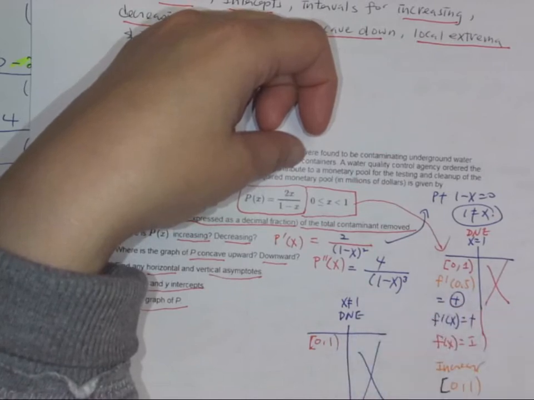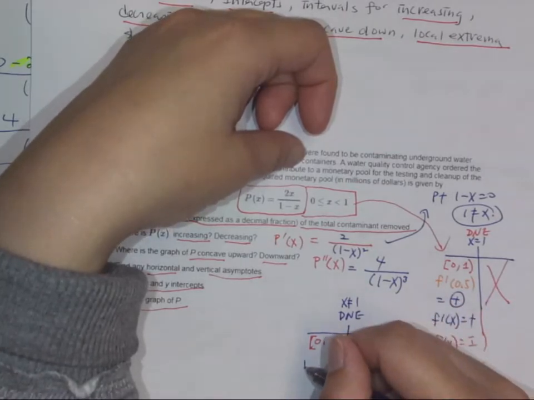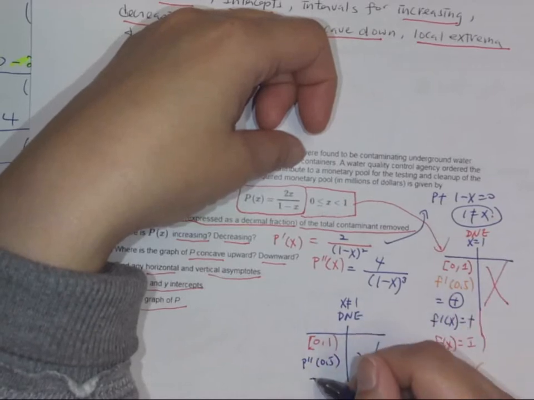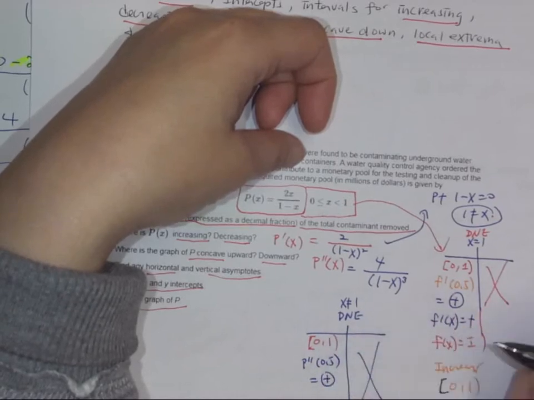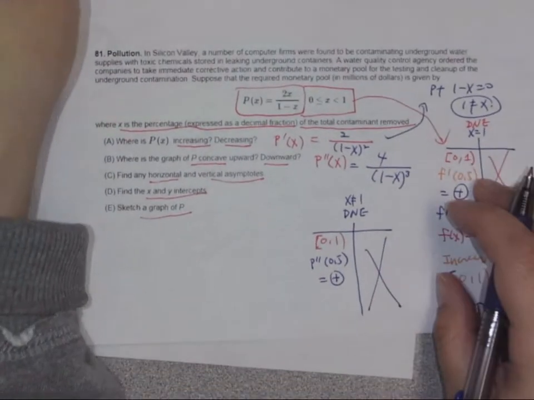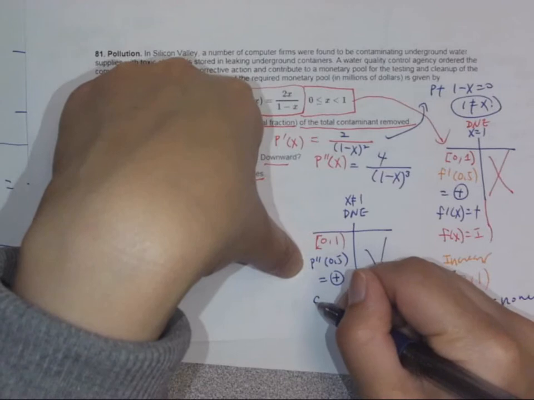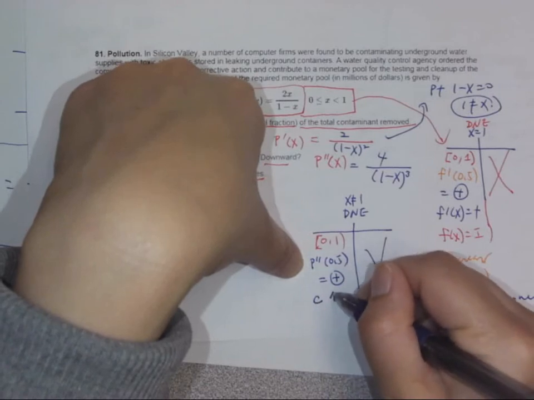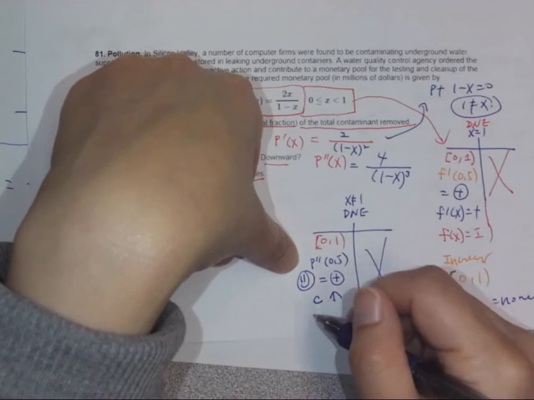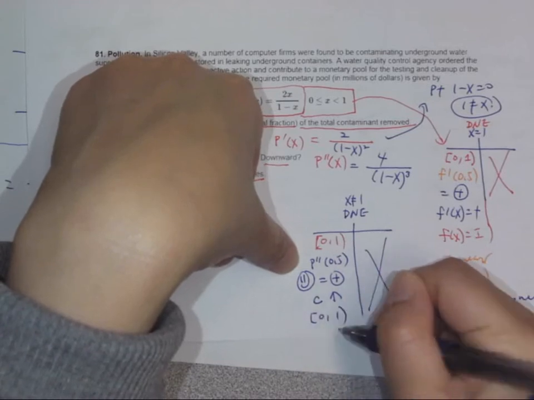We need to test the second derivative, say 0.5, and if you plug it in, you end up with a positive. When you do the second derivative and you have a positive, what does that mean? It means concave up, because it's positive, people smile, right? So concave up is between 0 and 1.